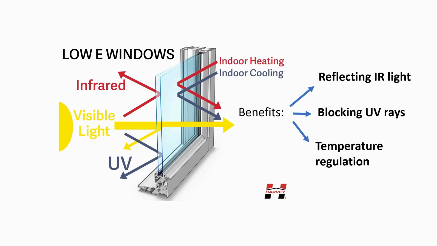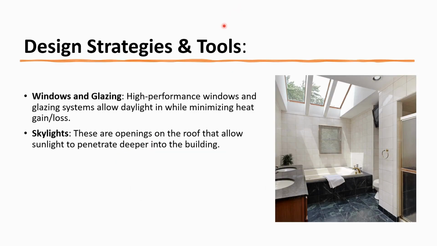In terms of design strategies and tools, this is how we can implement natural lighting in green building. The first one is in terms of windows and glazing. We can use high performance windows and glazing systems that can allow daylight in while minimizing heat gain and or heat loss.